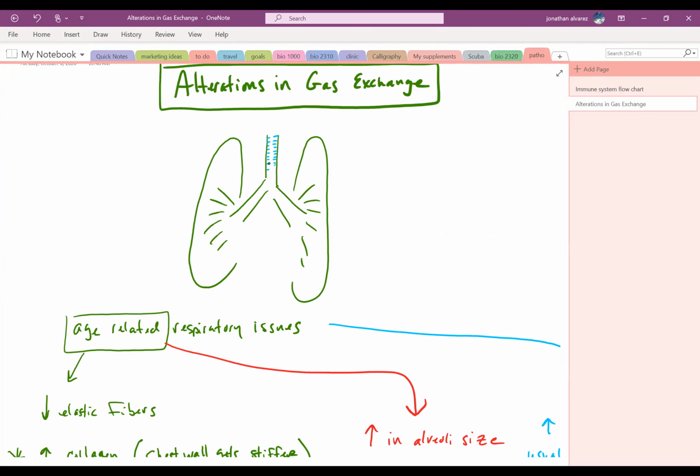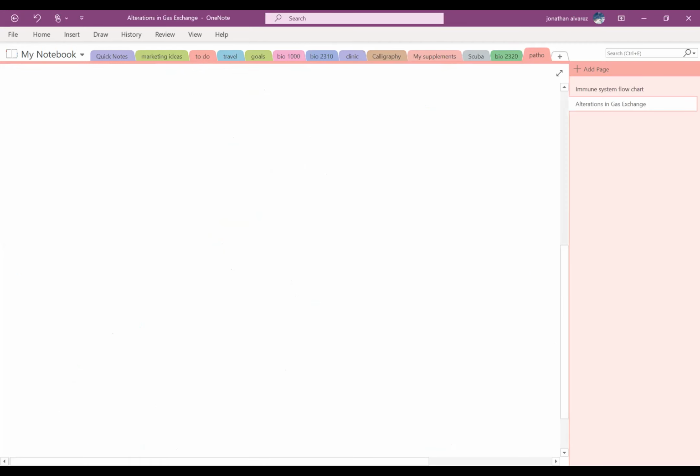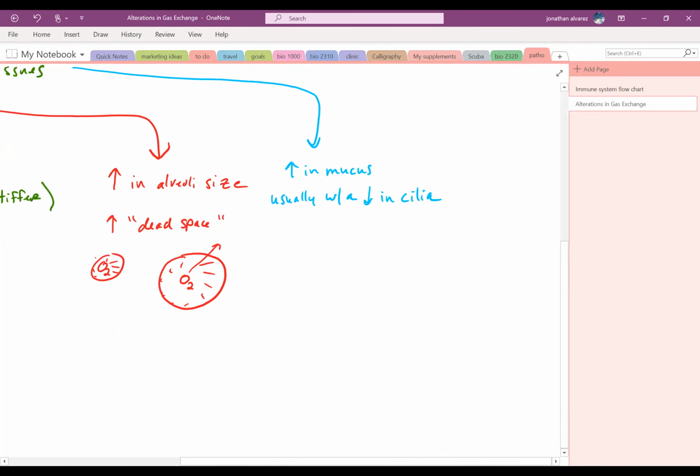As we breathe in the air, things can try to get inside your lung field, and your mucus and the cilia are there to protect you. But in some people, as they get older, there's an increase in mucus production and a decrease in cilia.